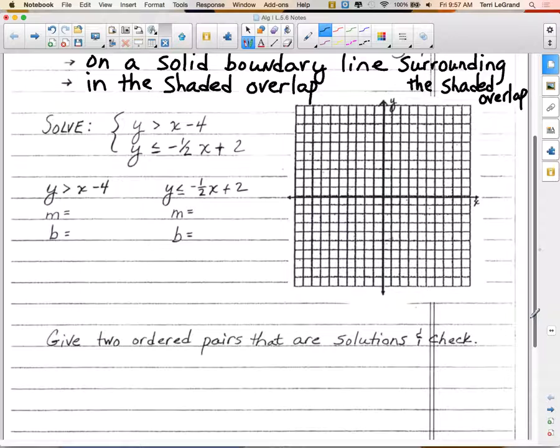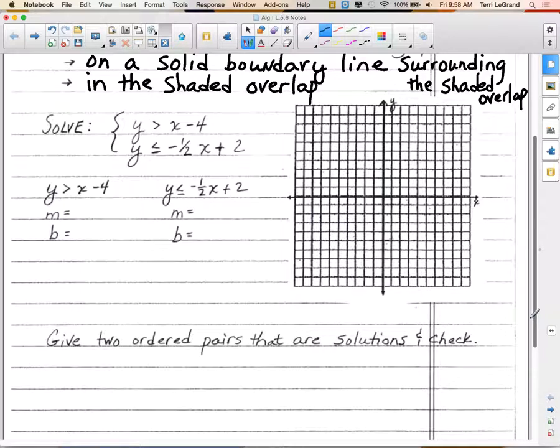Press zoom 6 because it'll give us a nice standard graph. Let's have a preview of what should turn out. What does it look like? Can you tell that there's a place that we would call the shaded overlap?